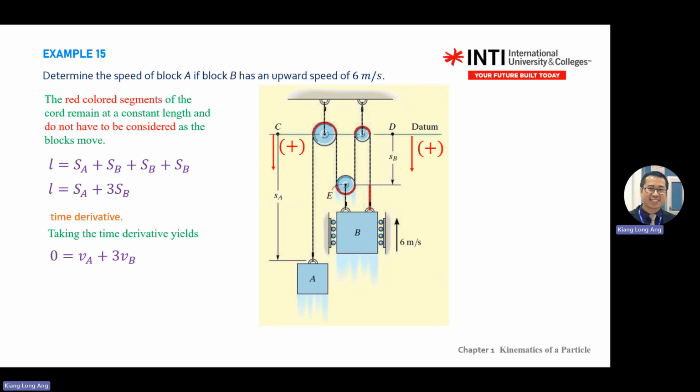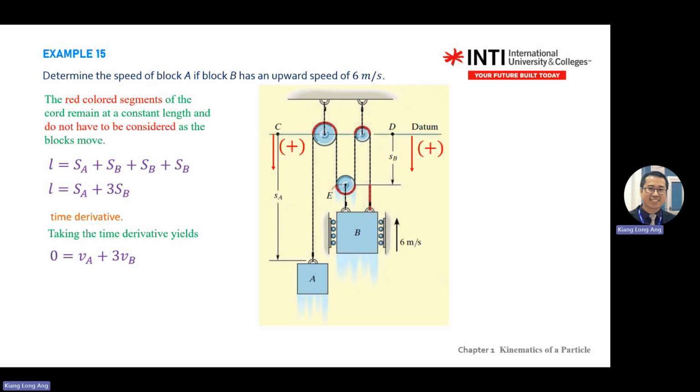It depends on what your subject is. In this case, it is A. The question asks you about block A, so move your A to the left. You can move this one to the left also. VA equals minus 3 VB. Makes sense?